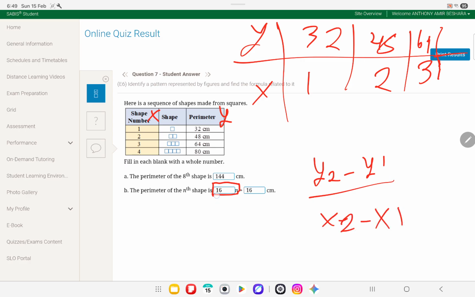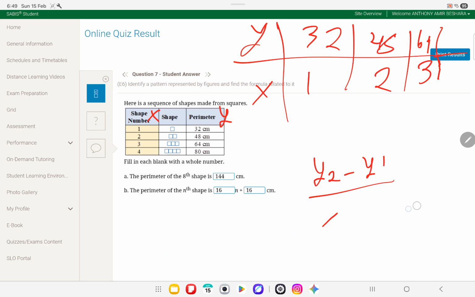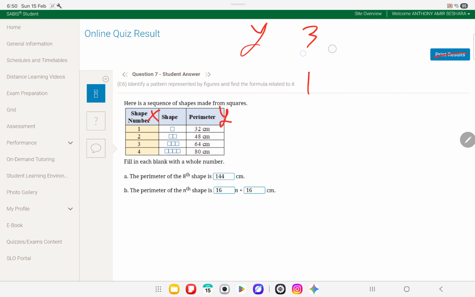That's the way to get what you multiply by. So it'll be 48 minus 32 over 2 minus 1. It'll be 16 over 1. So now we have 16n, right?